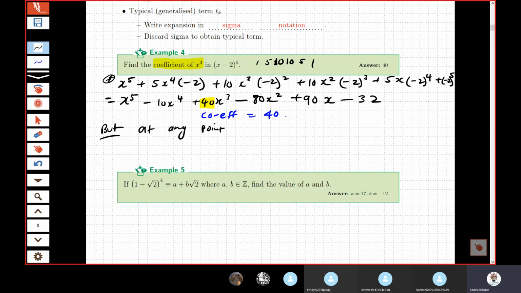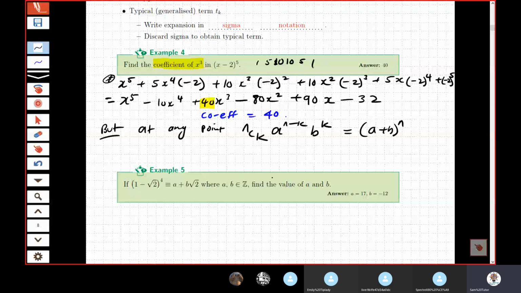At any point, my formula would be n choose k, a to the n minus k, b to the k, where a and b are just from a plus b to the n. So at any point, I'm technically always doing this: n choose k, I'm finding at a certain point, and then the first one to the power of this take away whatever we chose, and then b to the power of whatever we chose.